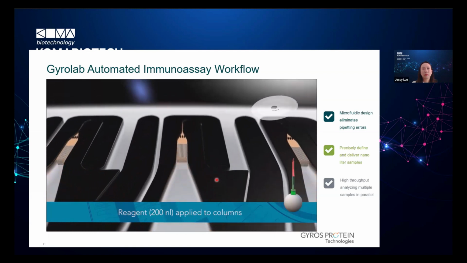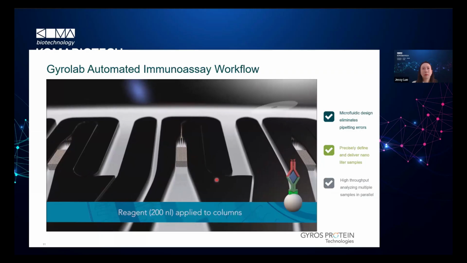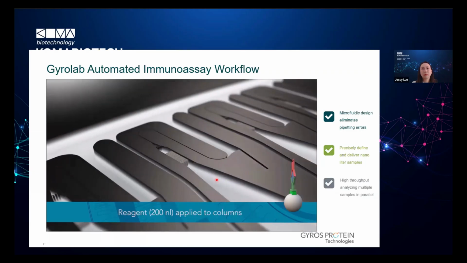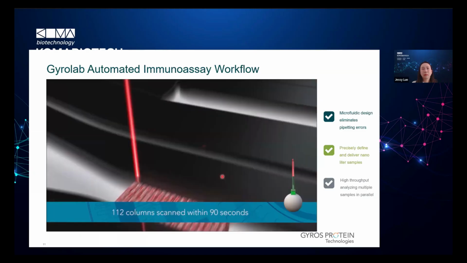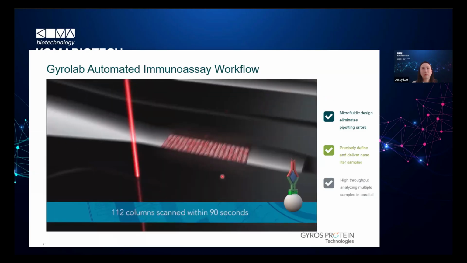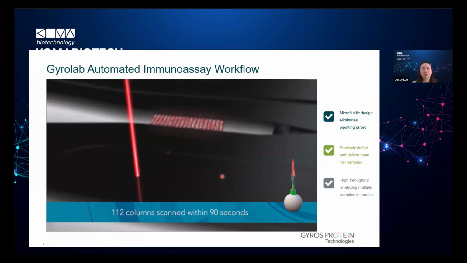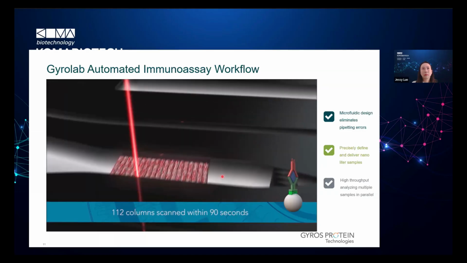At this point, the sandwich immunoassay is completed. The internal laser scans the 112 columns in 90 seconds. One CD delivers 112 data points in about an hour.